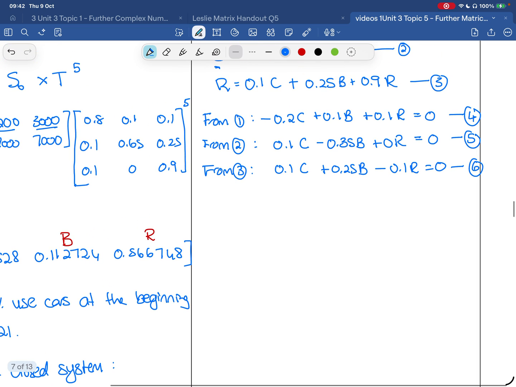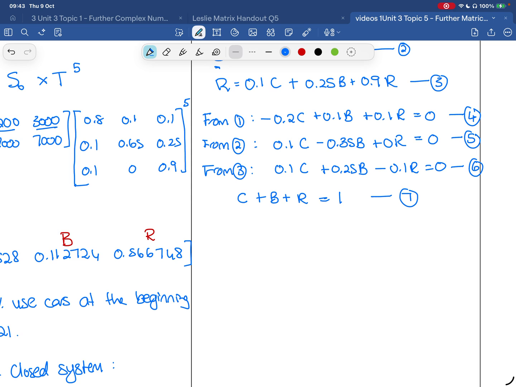The final thing we need to do, because we're dealing with probability and proportion, we have got another equation that says C plus B plus R, so our proportions of people using those transport is equal to 1. And that's pretty much the key to all of our calculations.